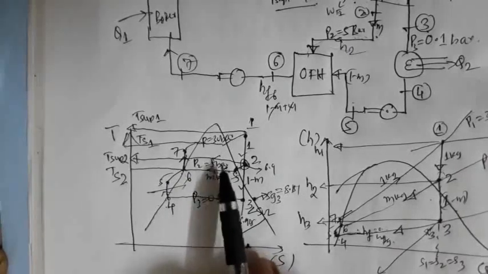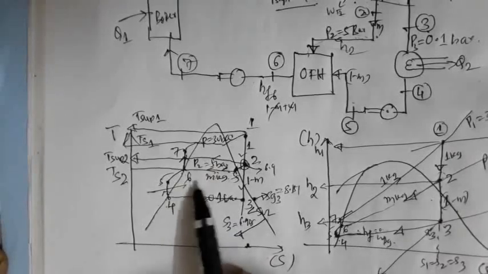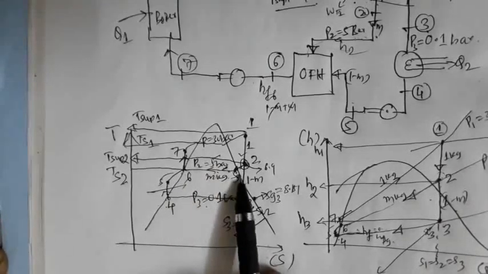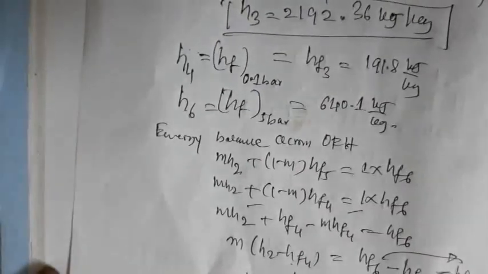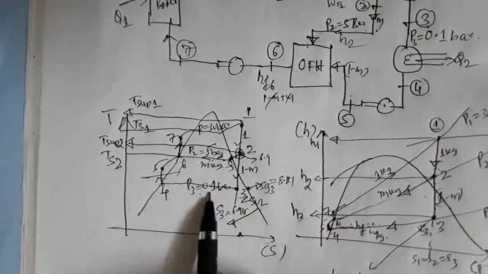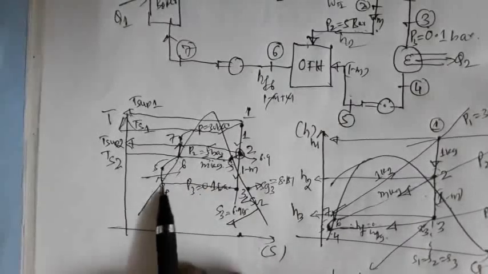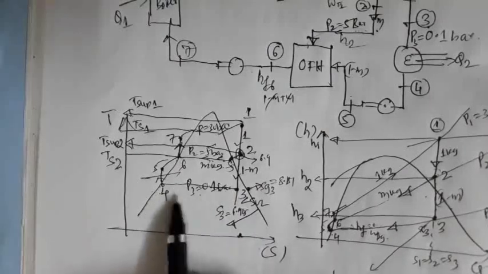At 5 bar pressure, if you read the HF value, it is the same for state 6 as well as state 2. Similarly, I am replacing HF4 with HF3, since the value of HF at 0.1 bar at state 4 and state 3 will be the same.